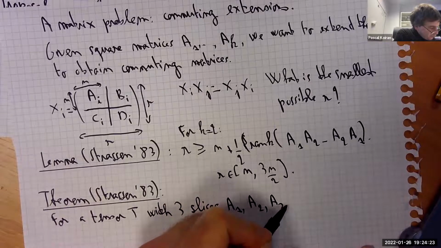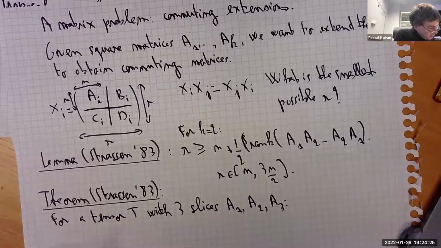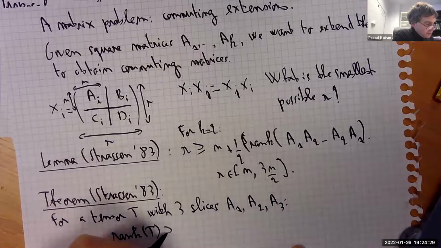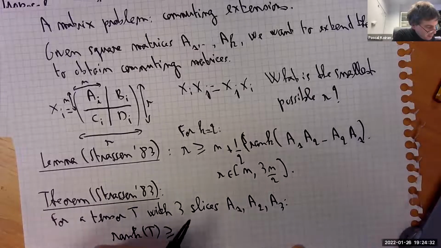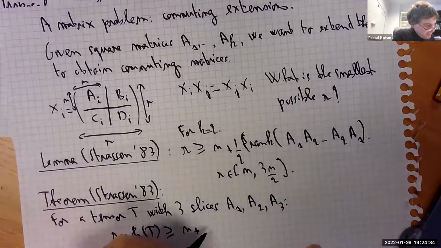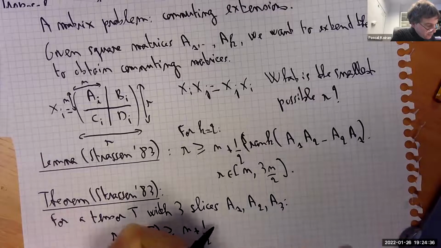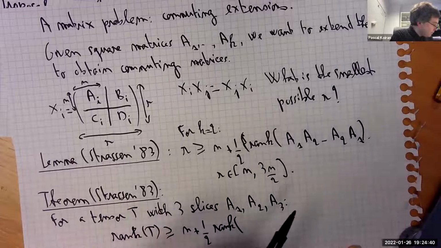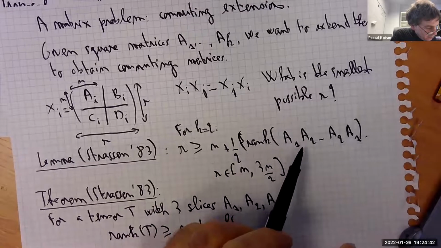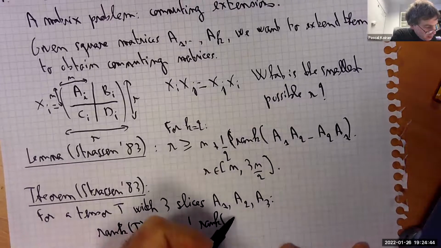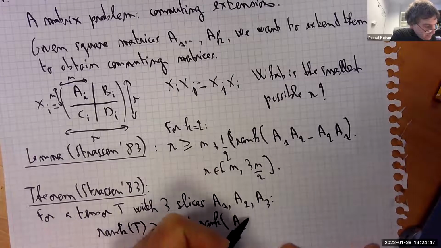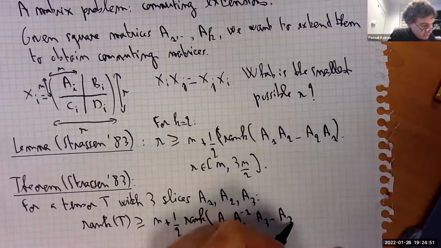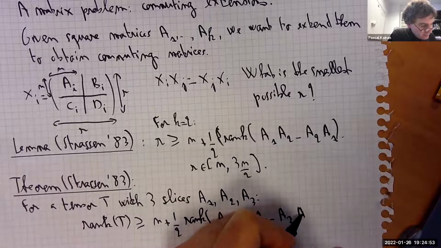So Strassen proved that the rank of T is lower bounded by n plus 1/2 of the rank of some matrix, which looks a lot like this one here. So it's A2 A1 inverse A3 minus A3 A1 inverse A2.